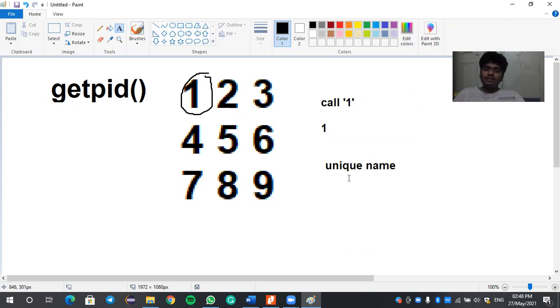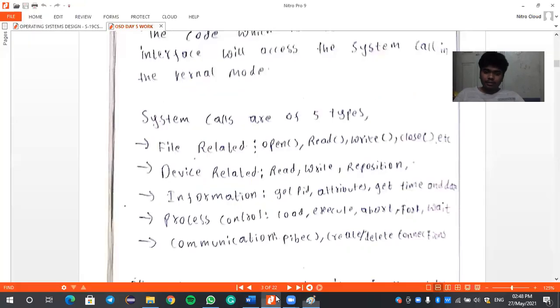The work of get PID is to keep a unique name for any file or anything, whatever it may be. Anything that gets into kernel mode needs to get some unique name, and to get that unique name we use a function like get PID.